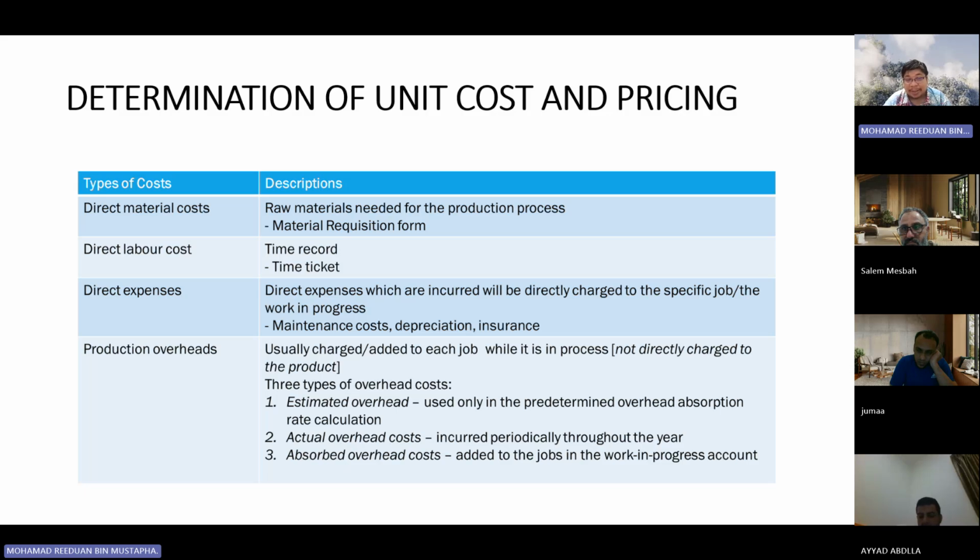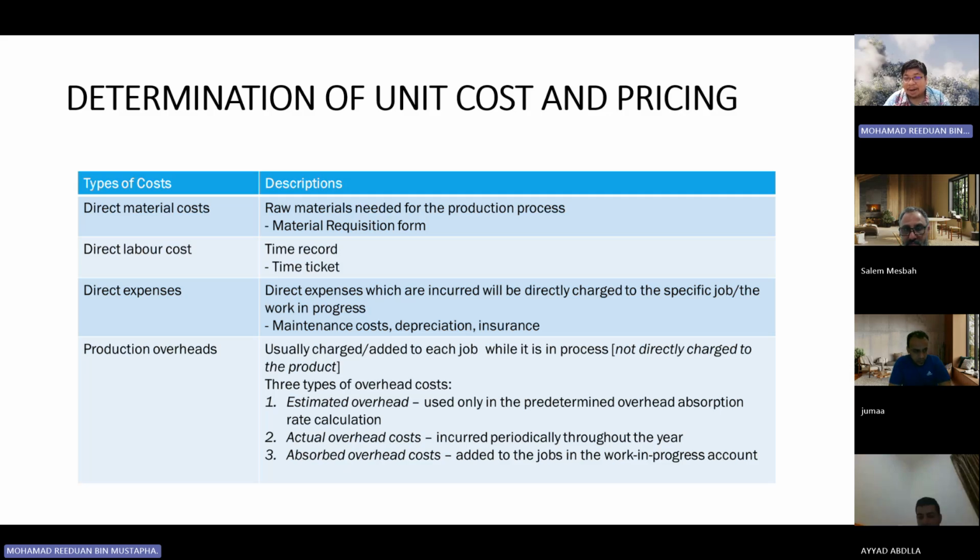Actually, who is requesting? It depends on the production planning, the nature of your production and your business model. Sometimes your business is just in time: one order comes, you process.